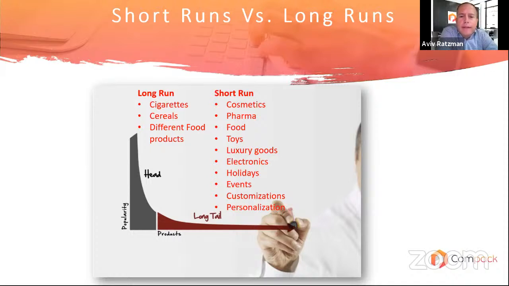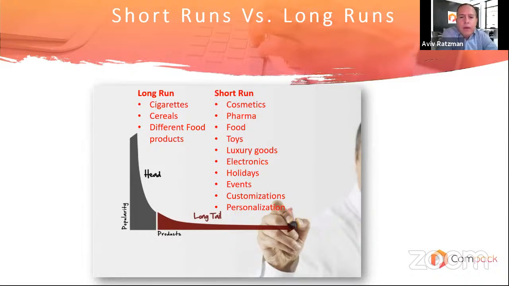In the long runs, there are products like cigarettes, cereals, different food products. But in the long tail, a big amount of the market is there. In short run, you can find cosmetics and pharma and food, luxury goods, electronics. You can see on the shelf in the retail store so many products, and they are not running in long runs. It's actually a short run for a packaging player.